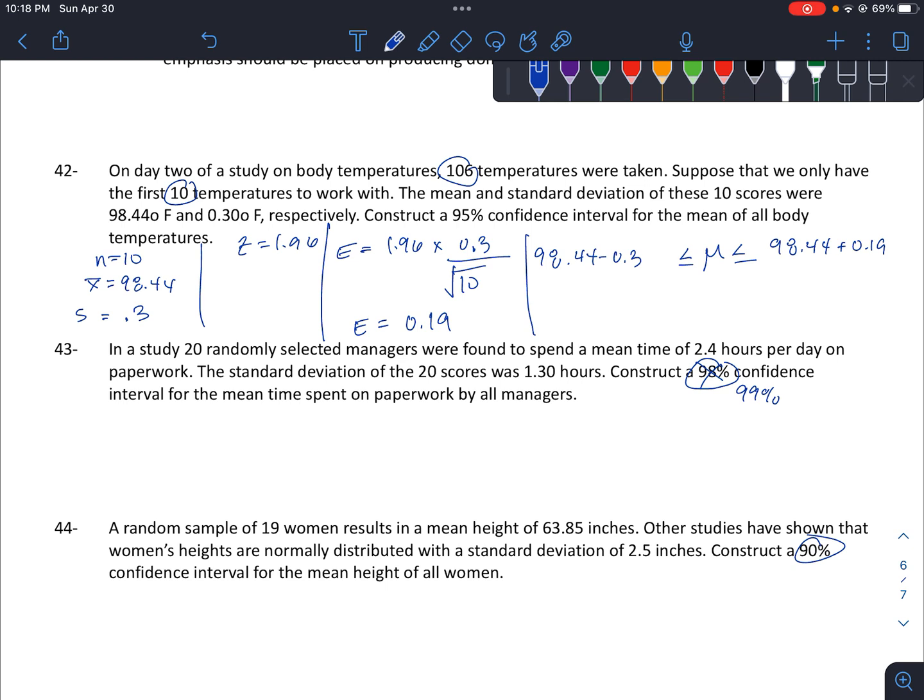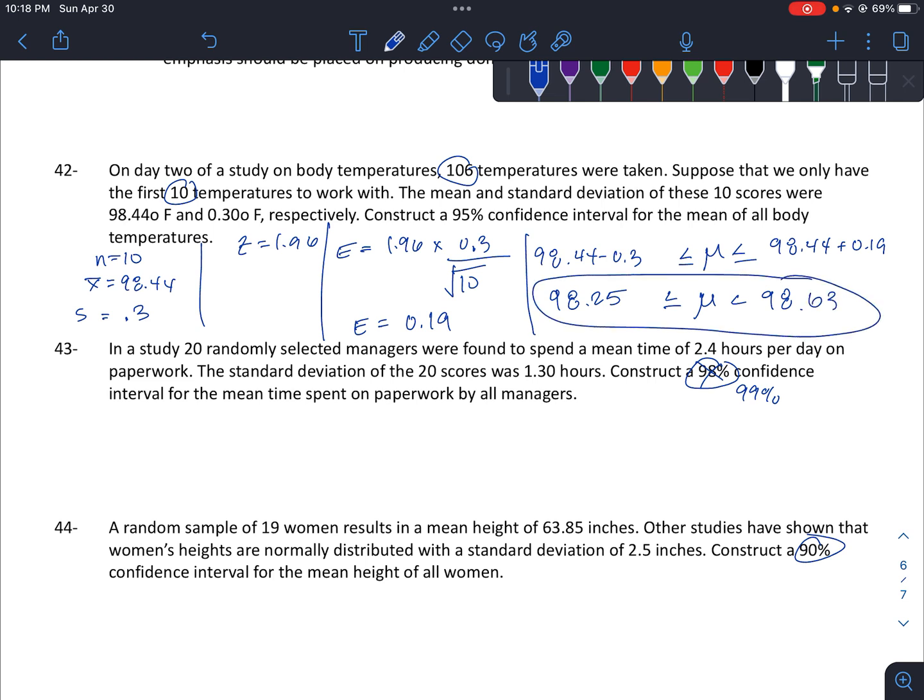So you do that and you get that the mean is between 98.25 and 98.63. So that's your confidence interval.